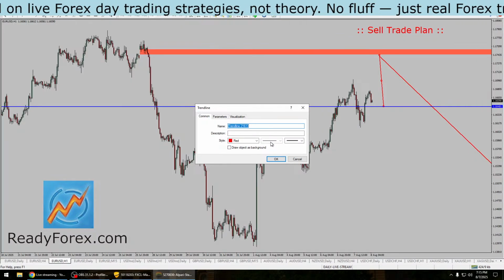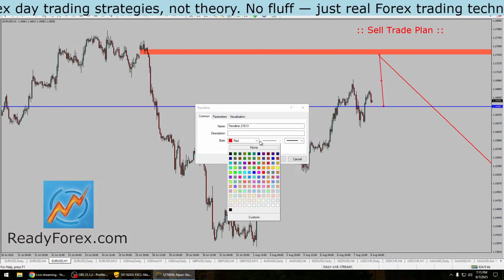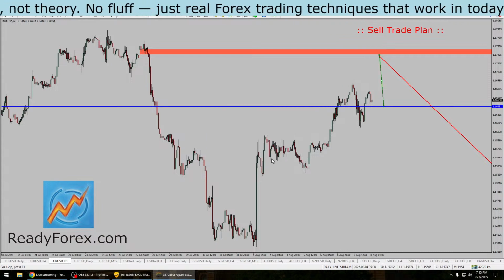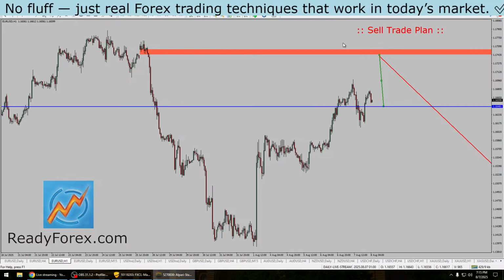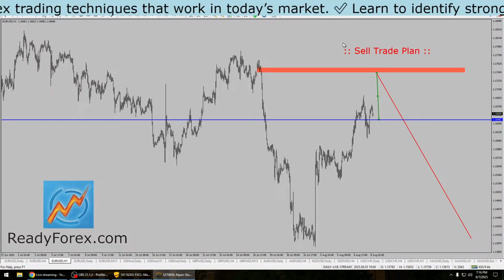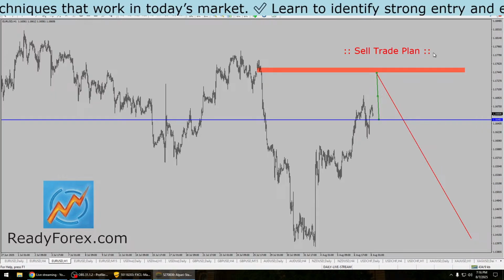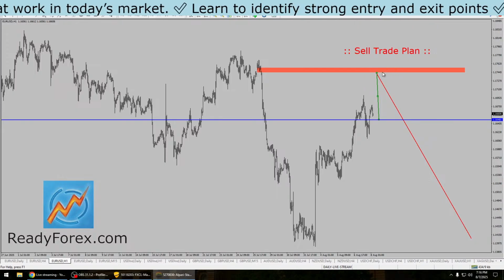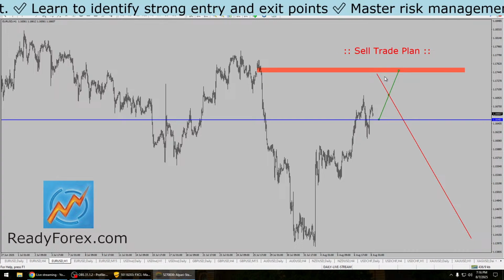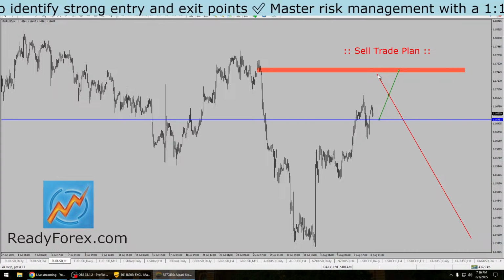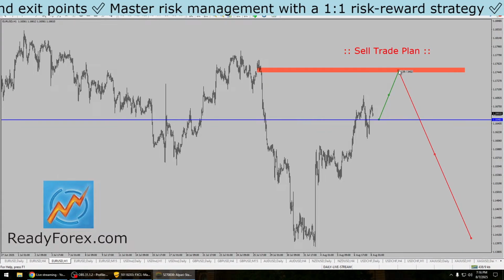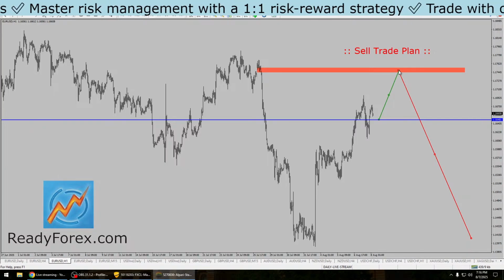So this is the plan, and on this currency pair, the way I see price action is going to rise up more.